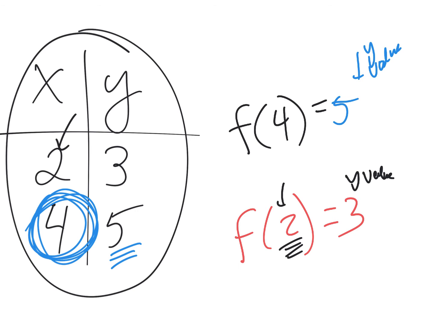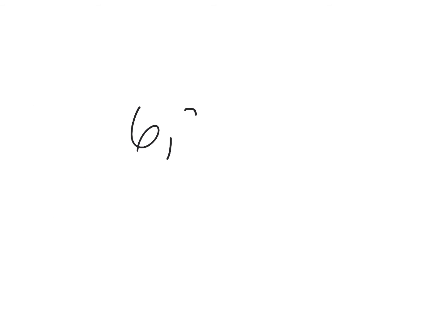This is where the x goes. Okay, so what if I have a point 6 comma 7? What's the x? 6. What's the f of x? 7. See how this is x and this is f of x? Because f of x is the same thing as y, right?